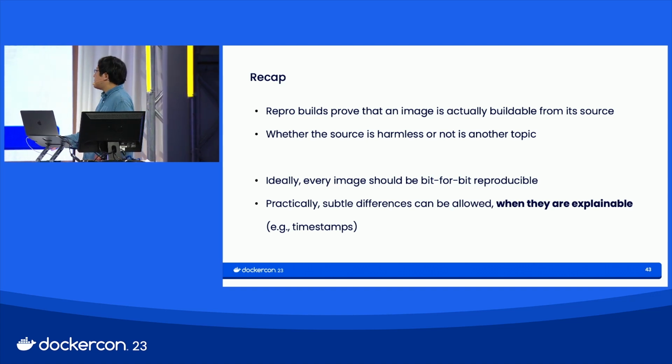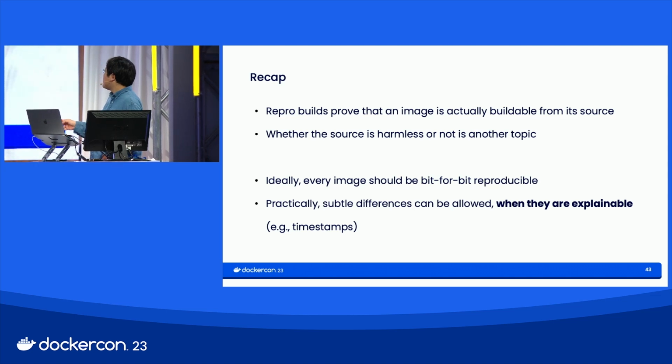And ideally, every image should be bit-for-bit reproducible. But this is still challenging. So practically you can ignore subtle differences, such as timestamps, when these differences are explainable.